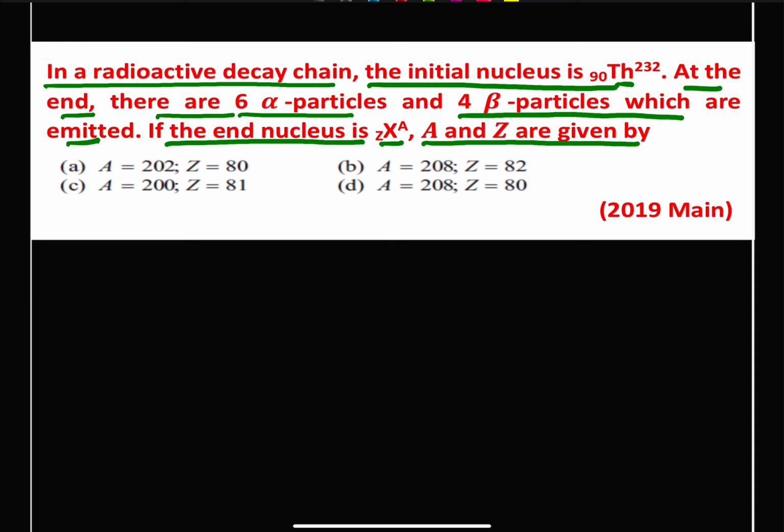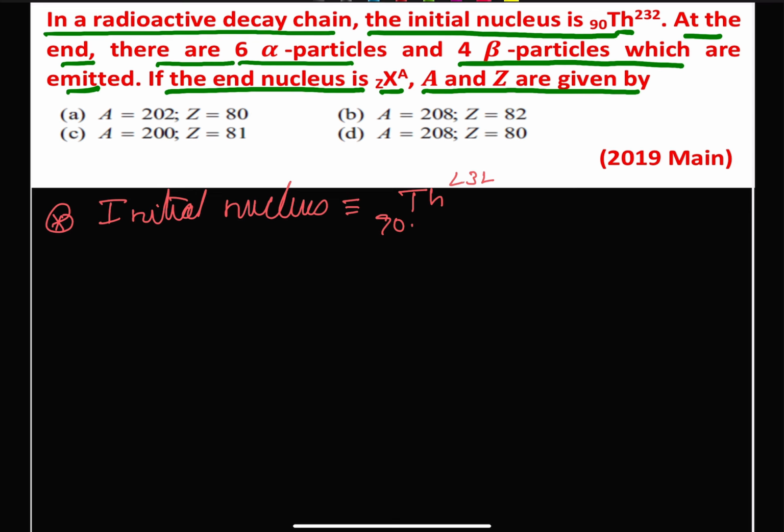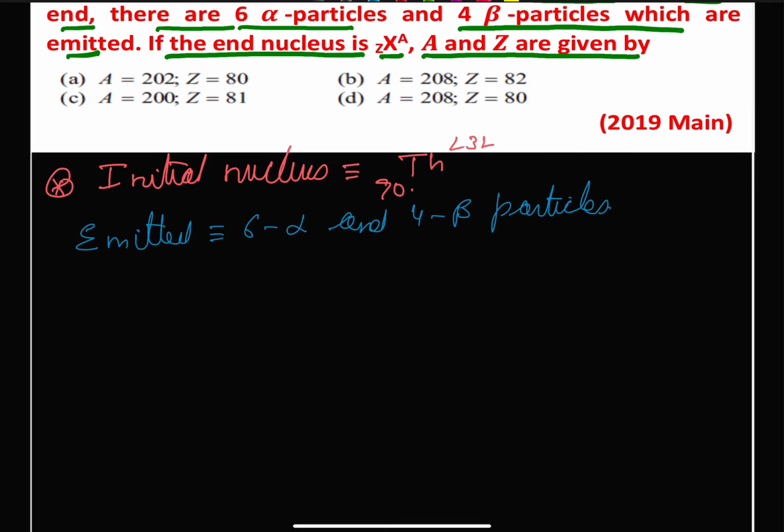So our initial nucleus, that is thorium, is 232 and 90, and it emits 6 alpha particles and 4 beta particles, and we are going to find out the values of A and Z for this X.